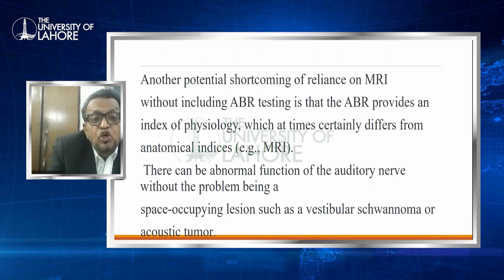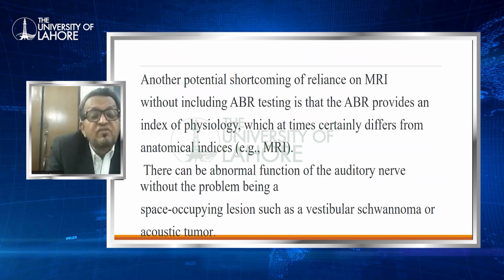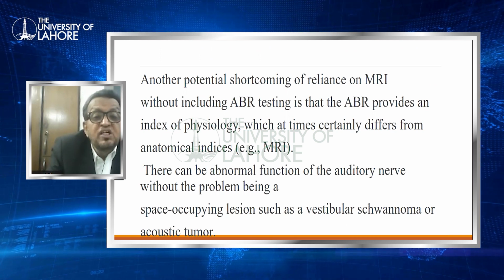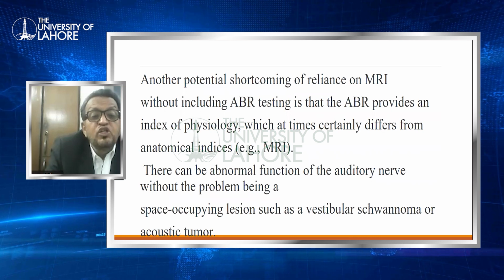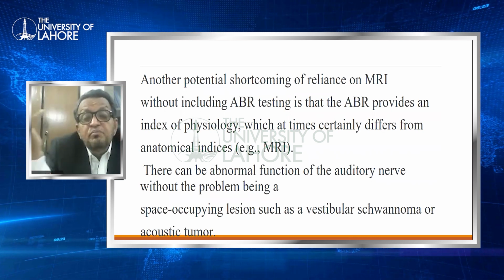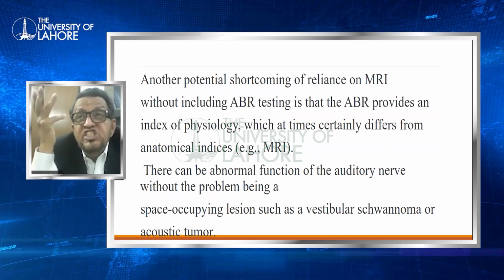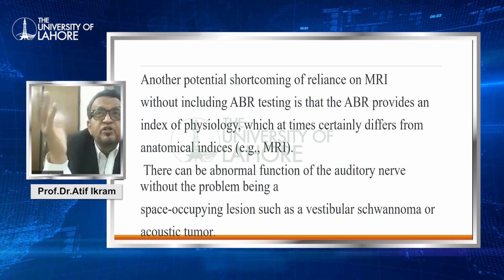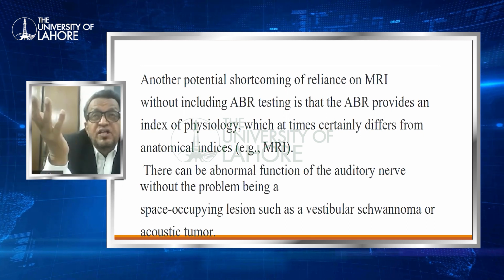Another potential shortcoming of reliance on MRI without ABR testing is that the ABR provides an index of physiology, which at times certainly differs from anatomical. So ABR will provide you with the functionality of the nerve and the brainstem. MRI will just provide you with the anatomical dimensions.